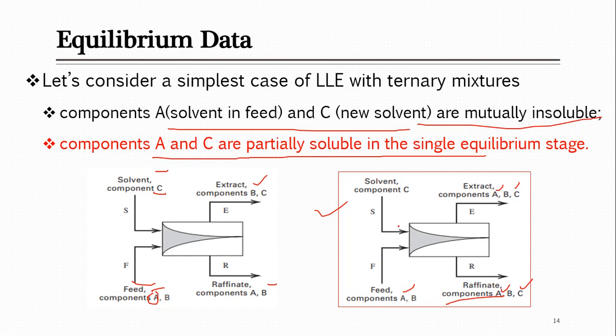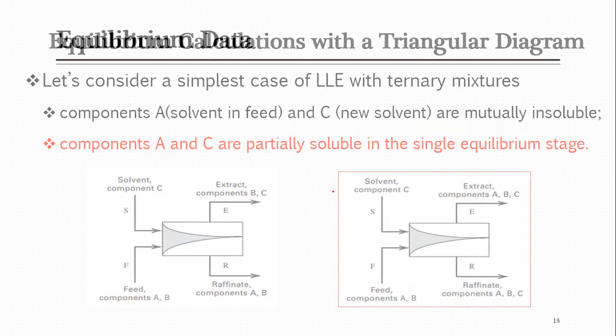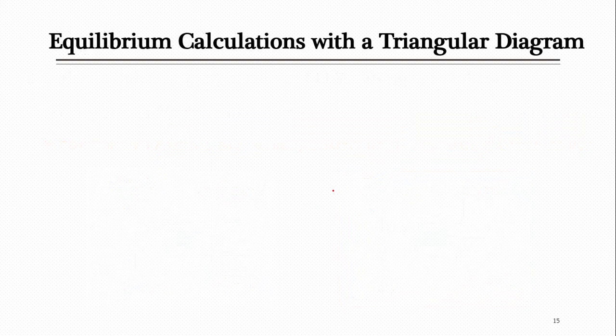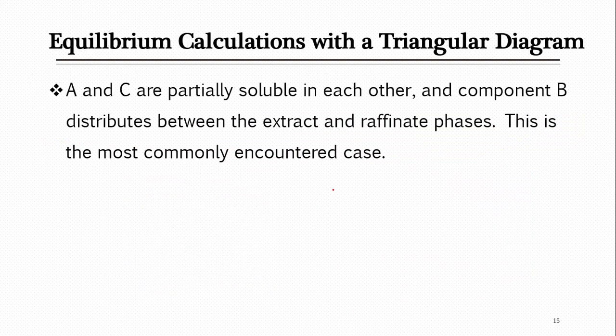So if they are going to both sides, definitely the equation becomes complex. So we don't have an equation, but we have another way, that is the triangular diagram. We can use those triangular diagrams to make such calculations.